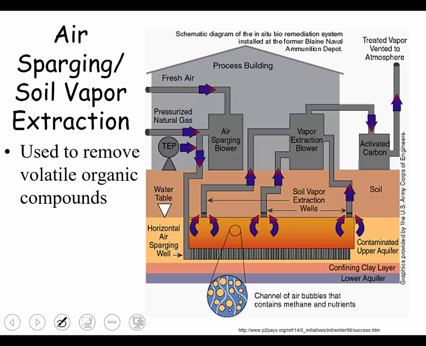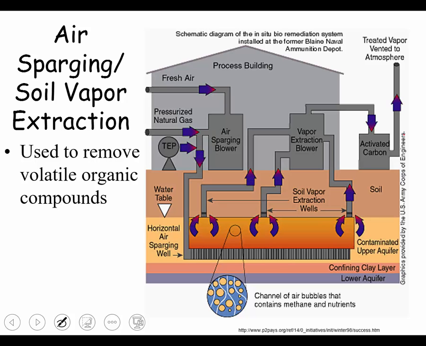sparging and soil vapor extraction. Here's a contaminated aquifer, and we are putting air in here and a variety of other things, and we're getting that soil vapor to try to get not only the contaminated aquifer, but also some of the soil in the vapor phase, in the vadose phase, out as we've got these air bubbles coming up and then coming out through here.